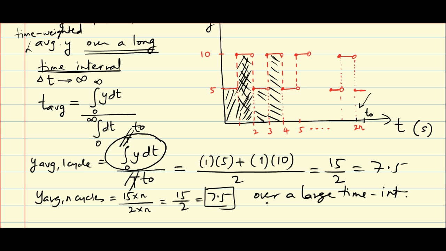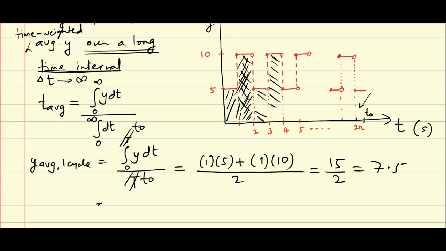You first realize that the integration can be carried out in 2 steps. I just split the summation into 2 steps. So I integrate y dt from 0 to 2n, and plus the further integration is from t equal to 2n to t equal to t0 of y dt.